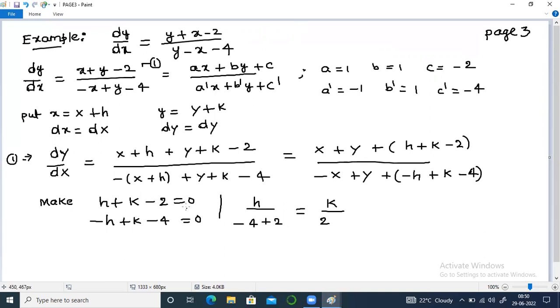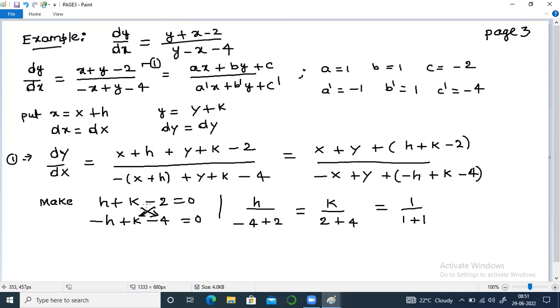Now minus 1 into minus 4, it means plus 4, is equal to 1 over 1 into 1 minus 1 into 1 minus 1, it means minus of minus plus 1. So 1 plus 1. It means h by, like this I am doing, k by the same way, cross multiplication. That k you leave it. You can do this one.